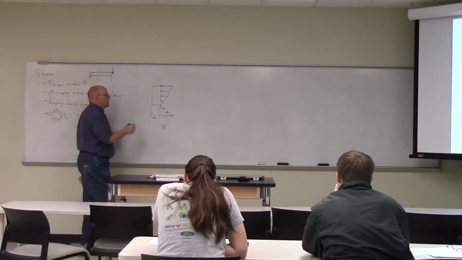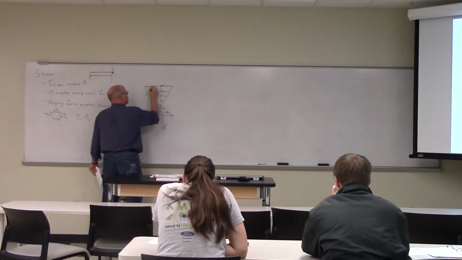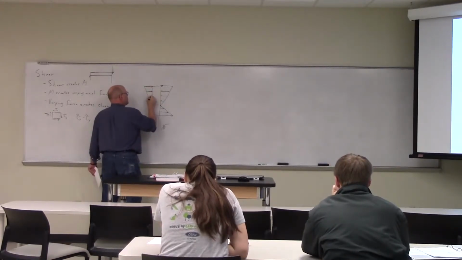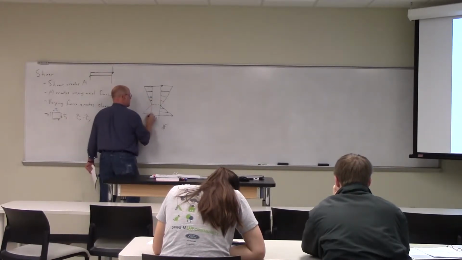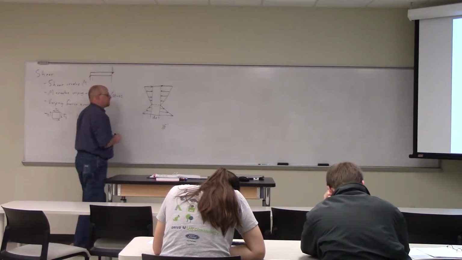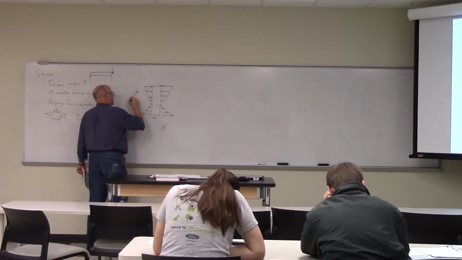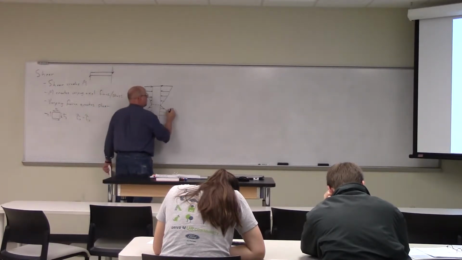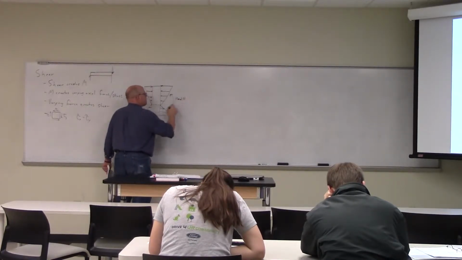There is also a reaction force on this side, because there is a moment, on this side M, and there's a moment on this side that is M plus dM.